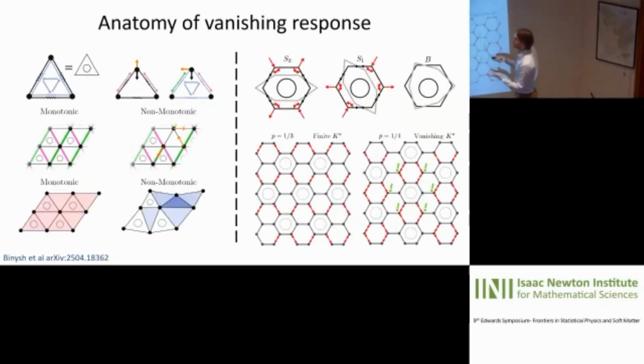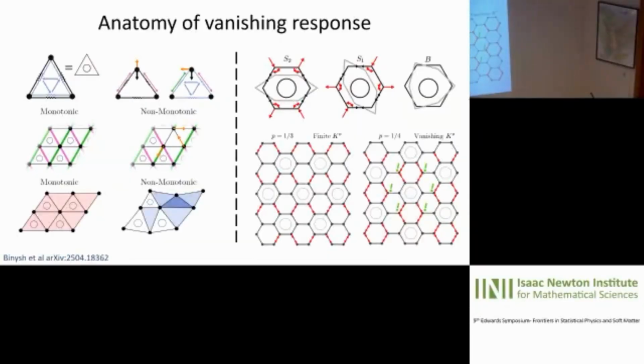All right, so one thing you can dig into is why this transition occurs, and rather than looking at these honeycomb lattices, it's a little bit easier to think of a triangular lattice that works in much the same way.